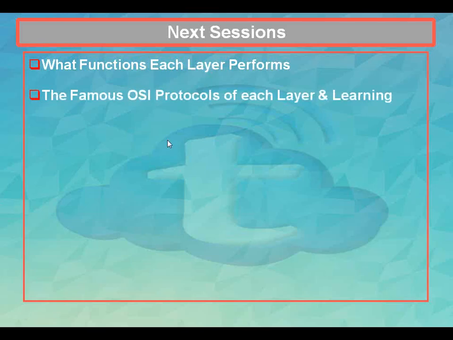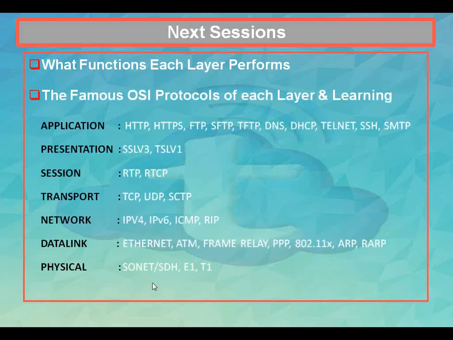Then we need to start learning all the famous protocols in the IP world. These are the layers we have. These are the protocols we have, which we'll be learning.